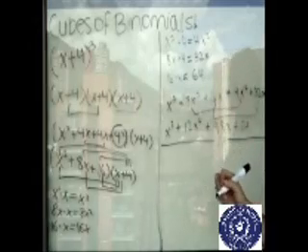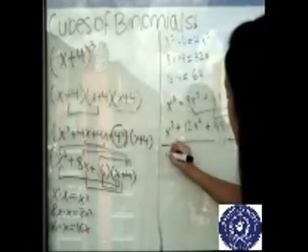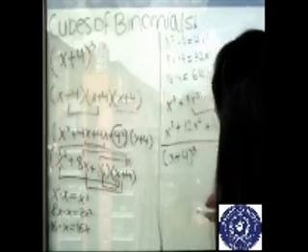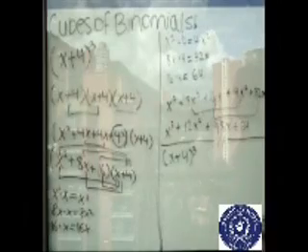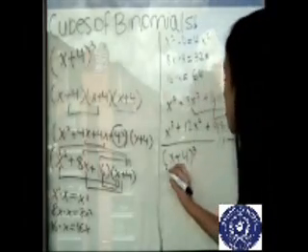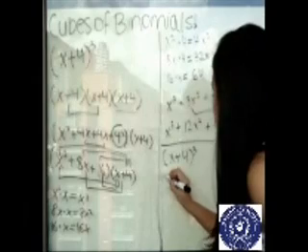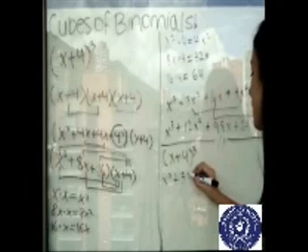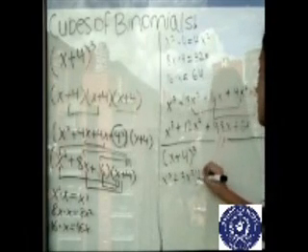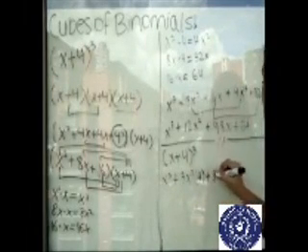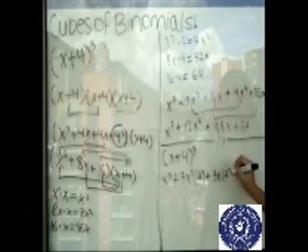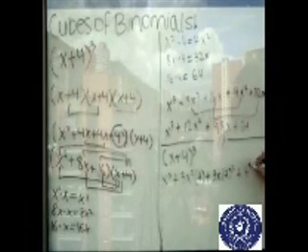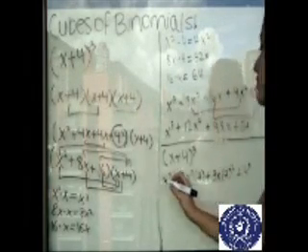Now let's check it with the other way. X plus 4 cubed. Remember, this has a certain formula that you will always have to follow. So it's x cubed plus 3 times x squared times 4 plus 3x times 4 squared plus 4 cubed. Now let's solve it.